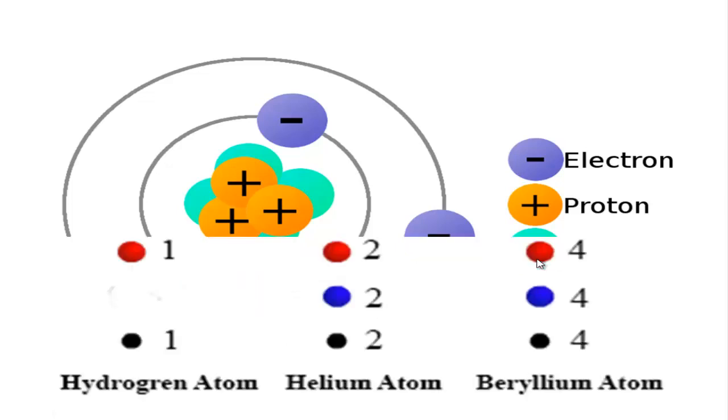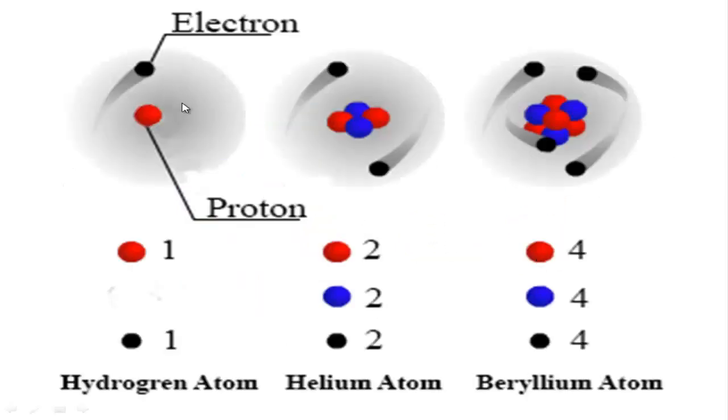Now follow another picture. Here I have shown some atoms. This is the picture of the hydrogen atom, this is the structure of the helium atom, this is the structure of the beryllium atom. You know that hydrogen, helium and beryllium are different elements. Now follow here. Inside the hydrogen atom only one proton is present. These red balls indicate protons.